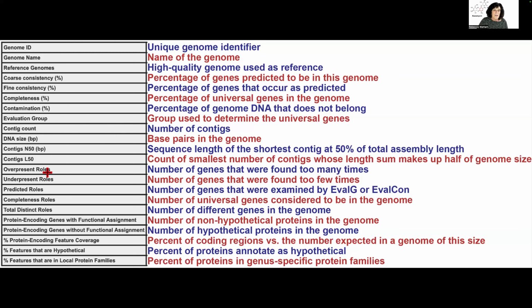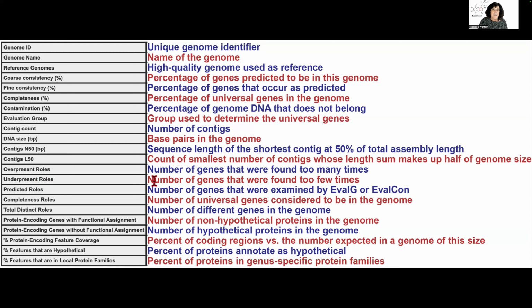Over-present roles. In BV-BRC, a role is a gene, and if it's an over-present role, it means that there were a number of genes that were found too many times, more than we expected. Under-present roles, those are genes that were found too few times.